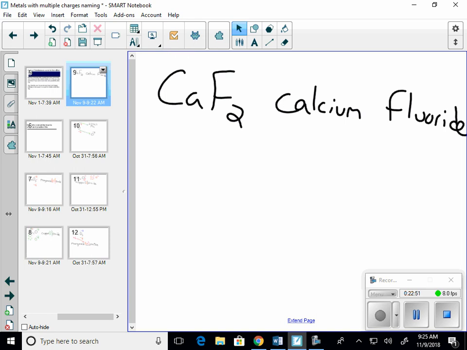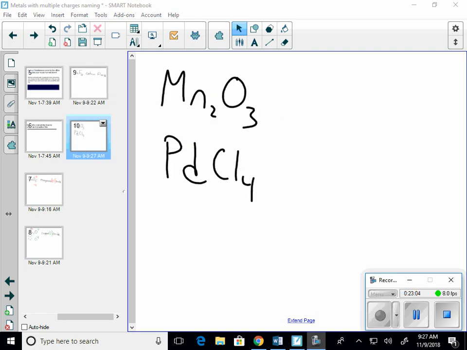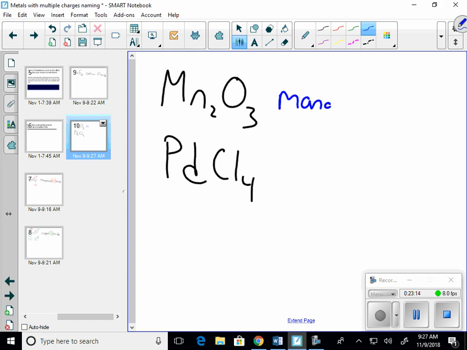Why don't you take a minute to do the bottom 2 questions on that first column? Write out the written name of Mn2O3 and the written name of PdCl4. If we look at Mn2O3, I would start that problem by writing down Mn is manganese and O is oxide.